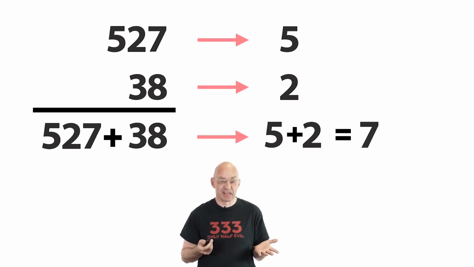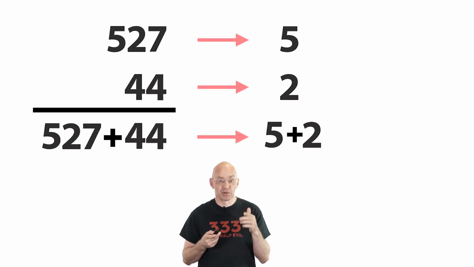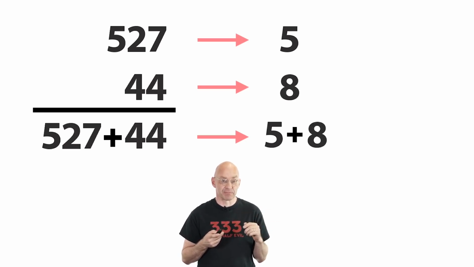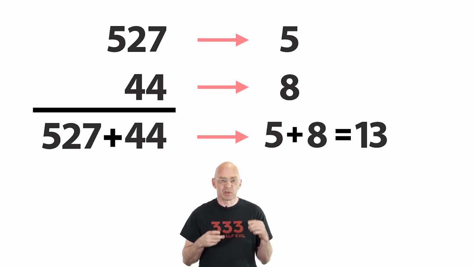Super simple, right? Well, mostly, but sometimes we have to deal with a little hiccup. For example, if you replace 38 by 44, going up by 6, the 2 on the right becomes an 8. And 5 plus 8 is 13, which is greater than 9, and so not one of the possible remainders on division by 9. But that's easily fixed. What's the remainder of 13 when you divide by 9? Well, 4, of course.